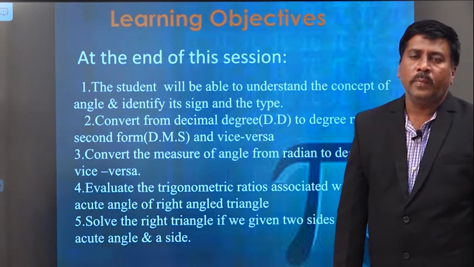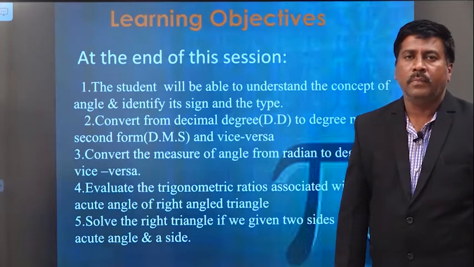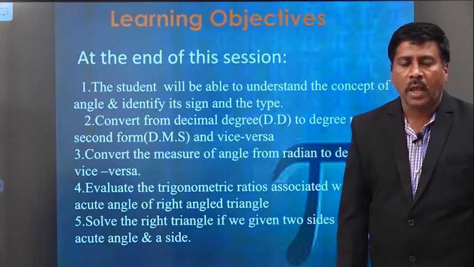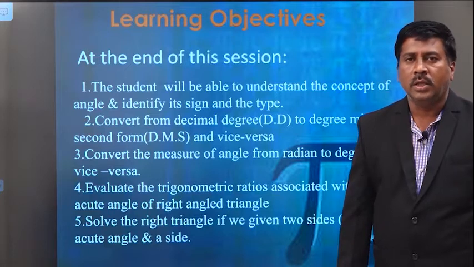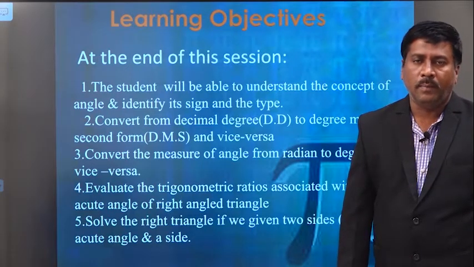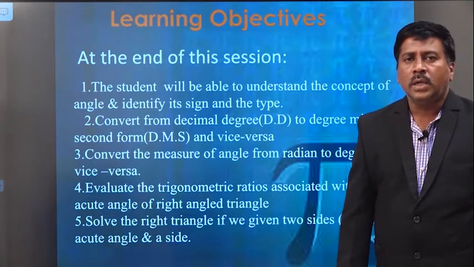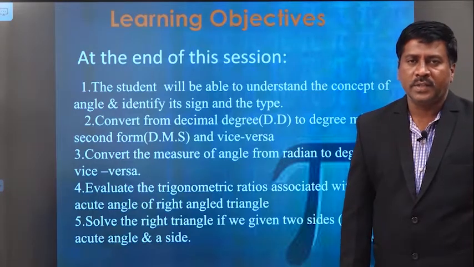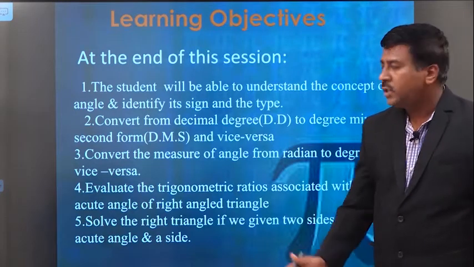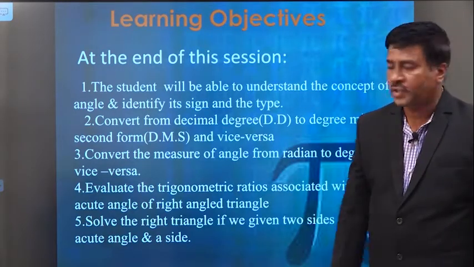There are so many trigonometric ratios: sine, cos, tan, and cosecant, secant, and cotangent. Likewise, there are six trigonometric ratios. How these ratios are used in real-time applications, that we have to see. That knowledge may be acquired after completion of this session.